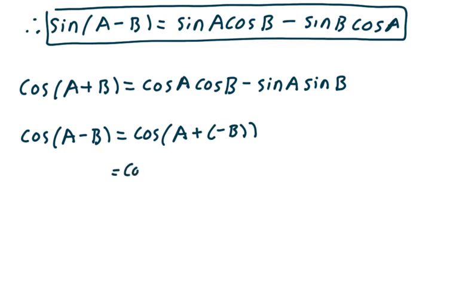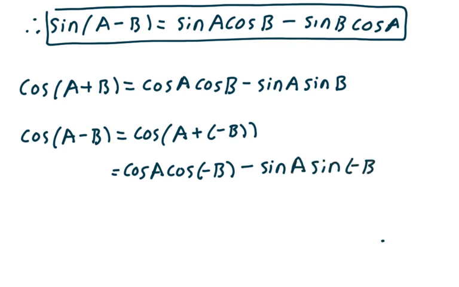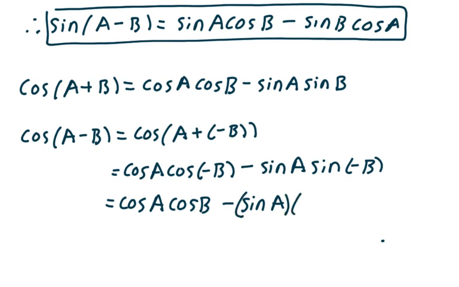But this is cosine a cosine of negative b minus sine of a sine of negative b. But this is cosine a cosine b minus sine of a, and we're going to multiply by negative sine b.